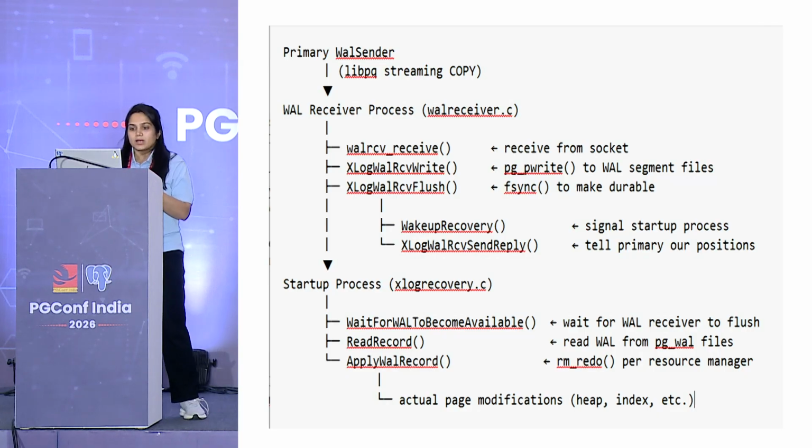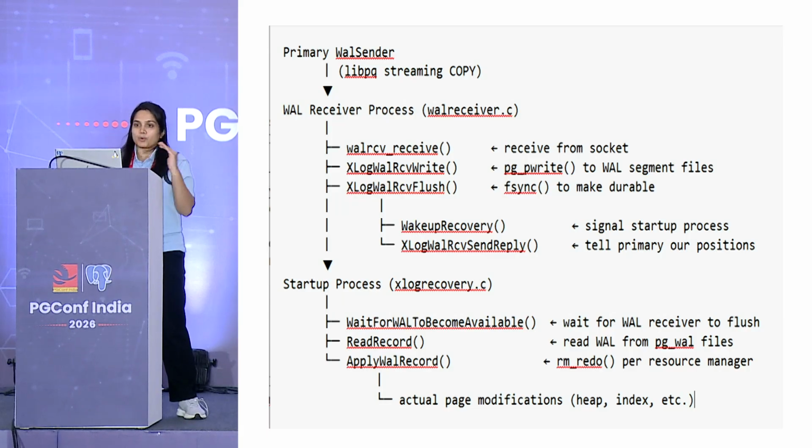So I would like to give a quick run through of what happens in the WAL receiver. This is again the flow of WAL from primary to standby, and you can see that the WAL has been transferred to the receiver process, and once the receiver receives it, it goes ahead and writes to the segment file, which is the XLogWalRcvWrite function, following which it flushes and makes it durable.